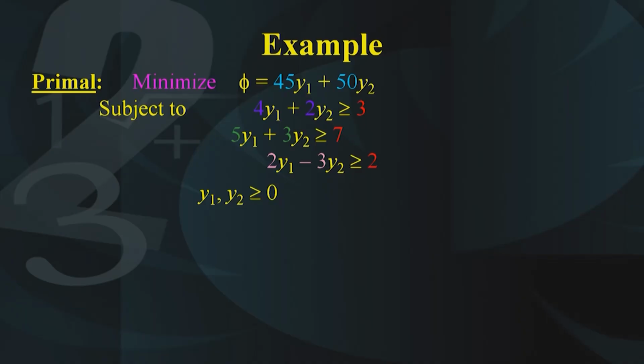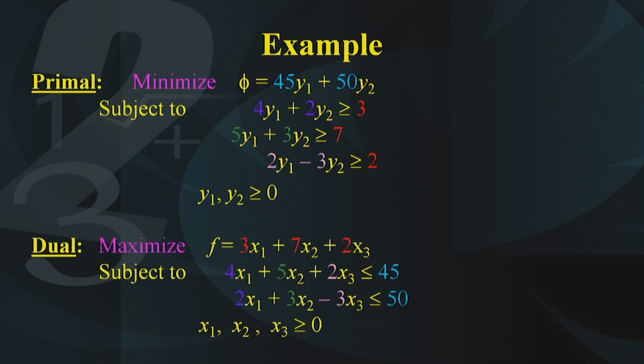Another example here, what we find is that the objective function is of the minimization type and the inequalities are of the greater than equal to type. So, the primal is now minimization of objective function with greater than equal to constraints in the primal, and when you write its dual, this is what the dual looks like. That is, the objective function has become maximization. In the primal it was minimization, in the dual it has become maximization.